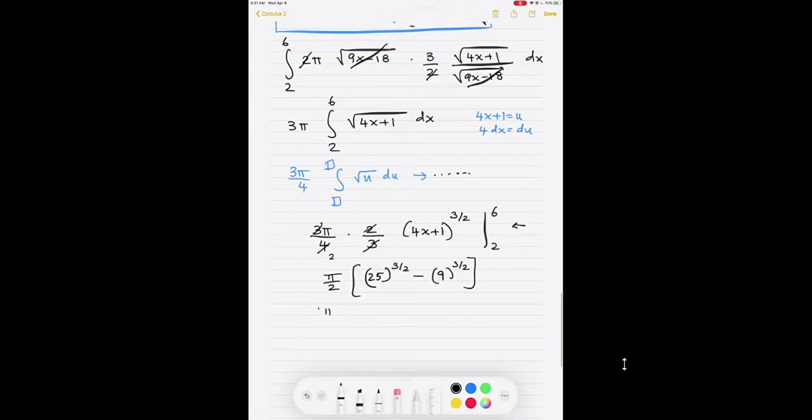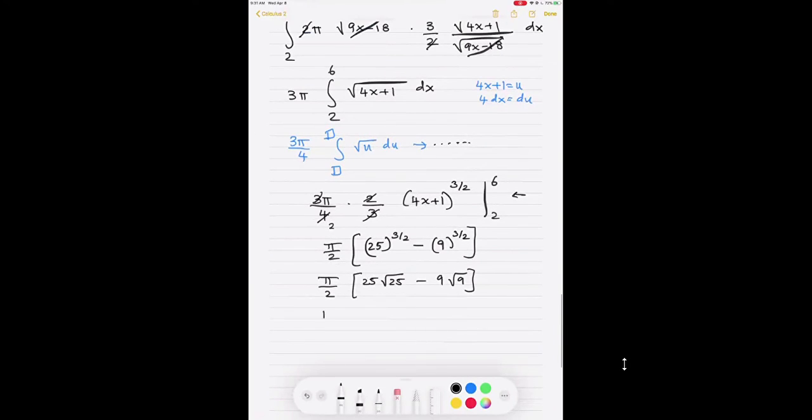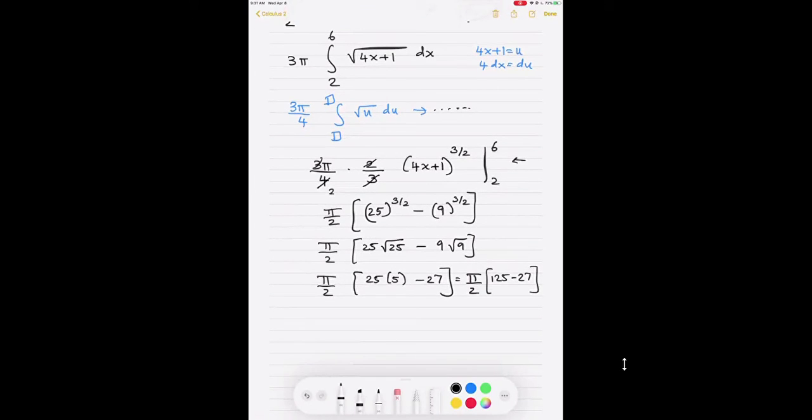Remember the trick, we said pi over 2, so this is going to be 25 square root of 25 minus 9 square root of 9, which is going to be pi over 2 times 25 times 5 minus 27, which is pi over 2 times 125 minus 27. That gives us what? 98 pi over 2, which is 49 pi.